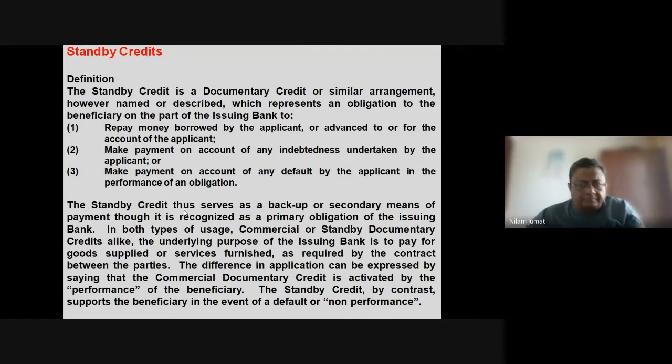It's like a normal rugby match. 15 people go and play the match. Nobody gets injured. Match is over. Won or lost, they come back. So no problem, right? But if you're playing a match and one player gets injured, then what happens?